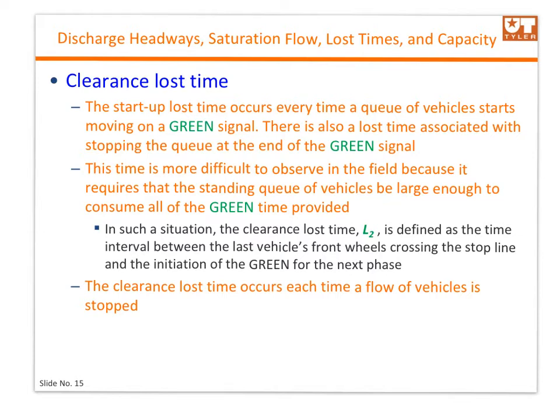This time is more difficult to observe in the field, since it requires that the standing queue of vehicles be large enough to consume all the green time provided. In such a situation, the clearance loss time, which we call L2, is defined as the time interval between the last vehicle's front wheels crossing the stop line and the initiation of the green for the next phase. So basically the clearance time occurs each time a flow of vehicles is stopped.